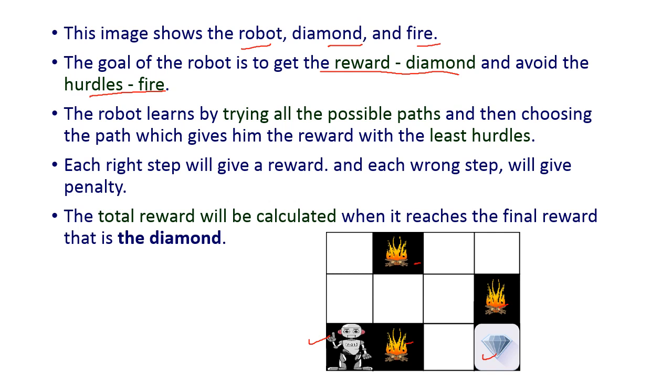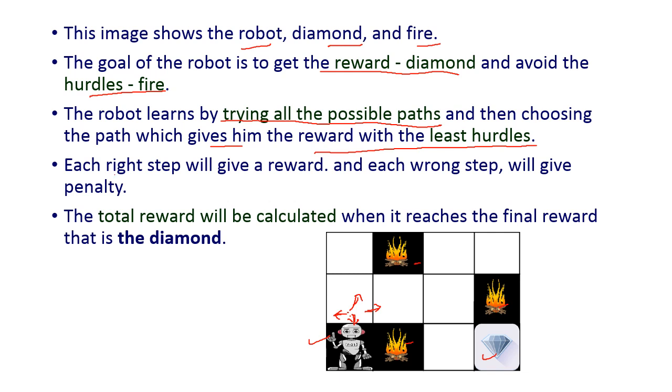The robot learns by trying all possible paths and then chooses the path which gives it the reward with the least hurdles. The robot can move left, right, top and bottom.